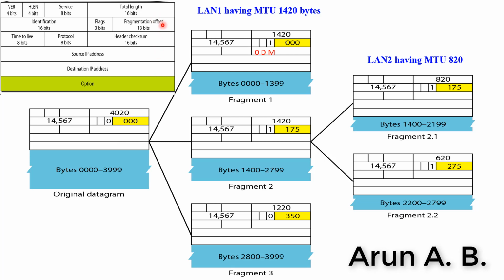Now let us look into how this offset is calculated. We have already discussed how offset is calculated in the previous slide. Now let us see. In this case, for the very first packet, the total size is 4000 bytes. When this big packet of 4000 is divided into 3 packets, the very first packet will have an offset.